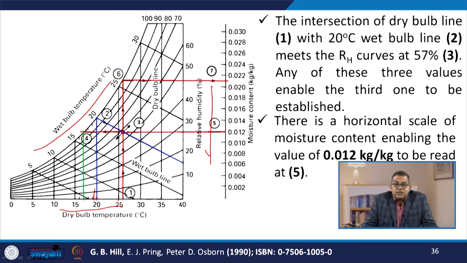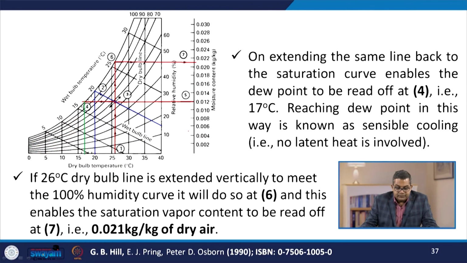Now there is a horizontal scale of moisture content. This enables the value of 0.012 kilogram per kilogram.